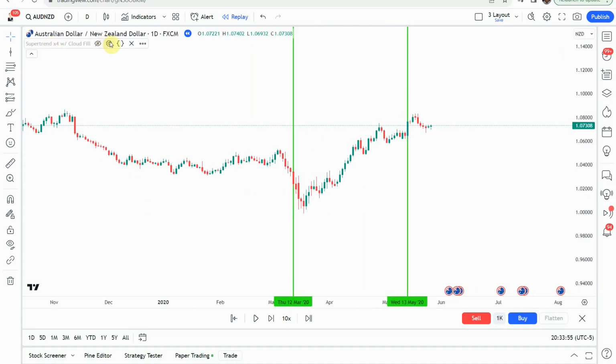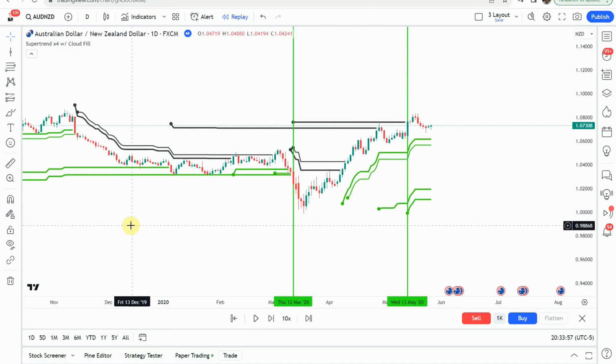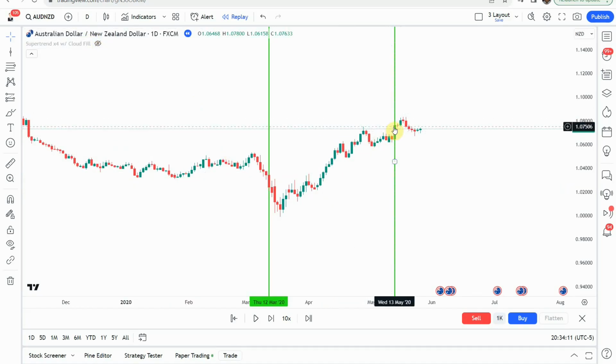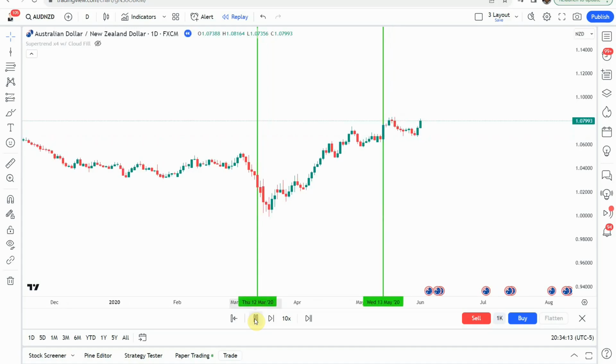And if we now turn on the super trend indicator, you can see that it doesn't give us the signal to go short until right here, which is where we showed in the video just a moment ago. And it didn't show us when to enter into the long until right there.